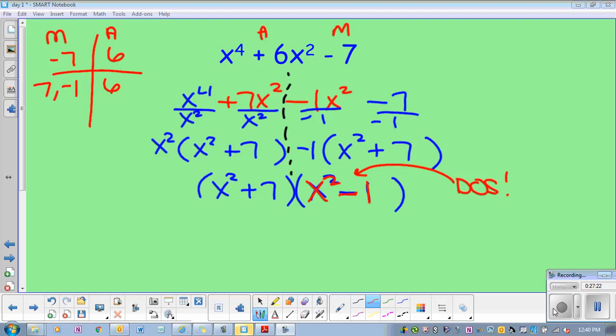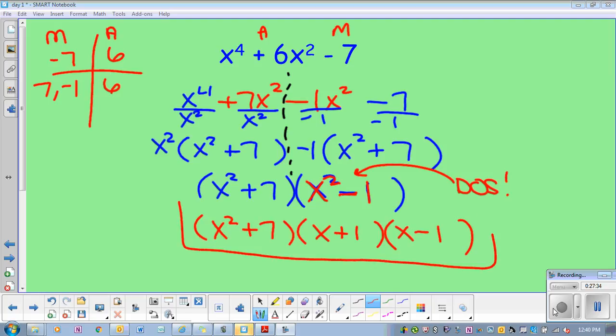So if you dose this, then you get x plus 1, x minus 1, yes? And then bring down x squared plus 7. Now you're done. So if you skipped ahead, please make sure you dose.